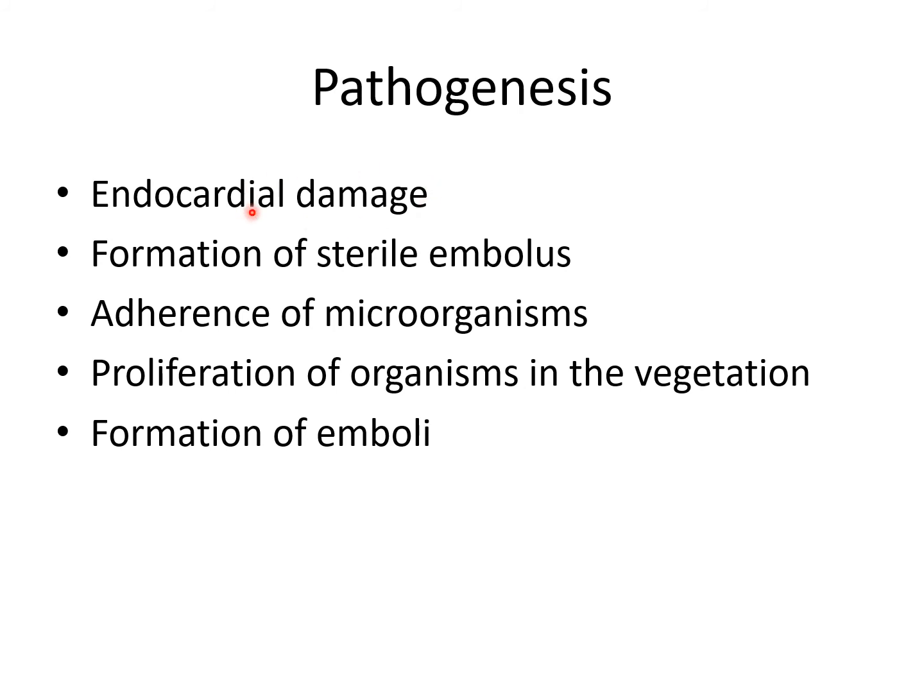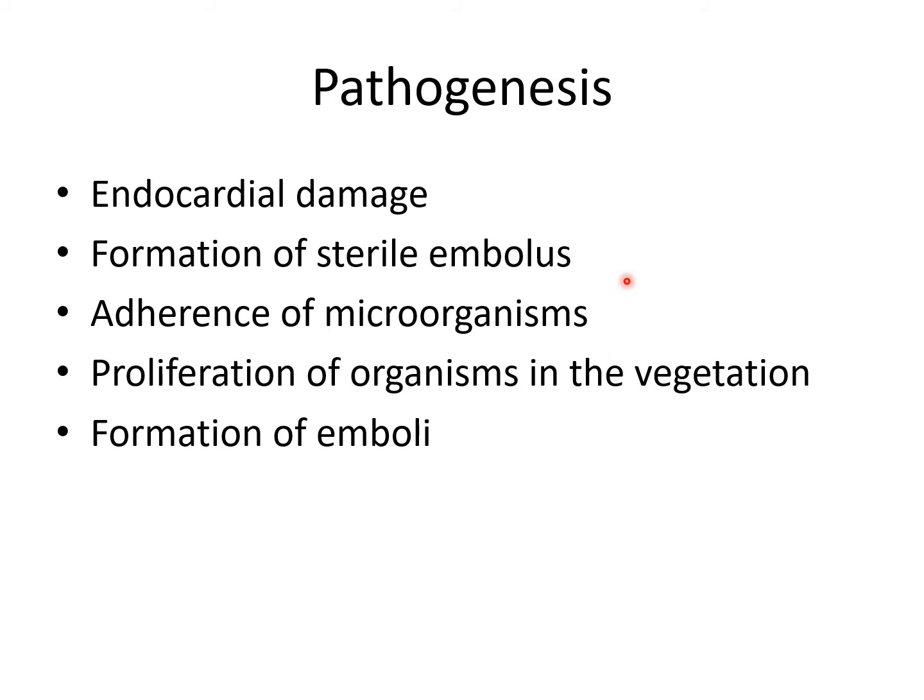And if the endocardium is damaged, there is denudation of the endocardium, and thus platelets and fibrin come to settle over there and lead to formation of a thrombus. At this stage, the thrombus is a sterile thrombus. And this thrombus then predisposes to adherence by microorganisms.